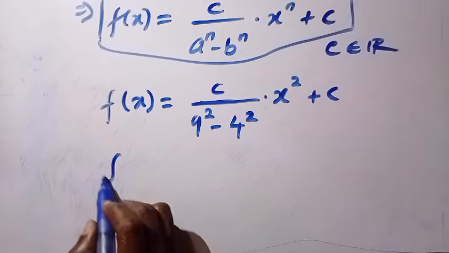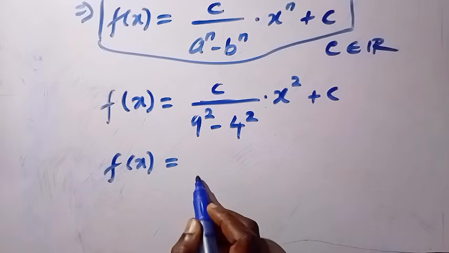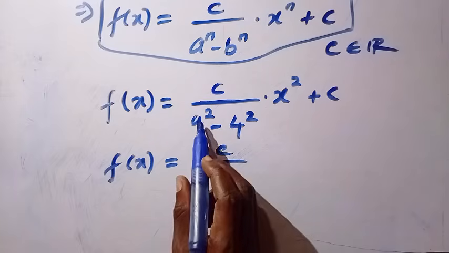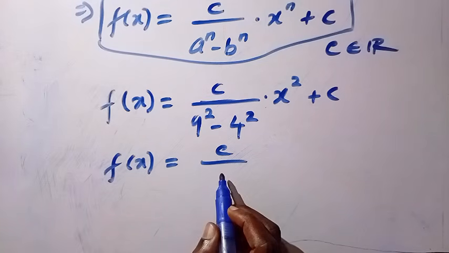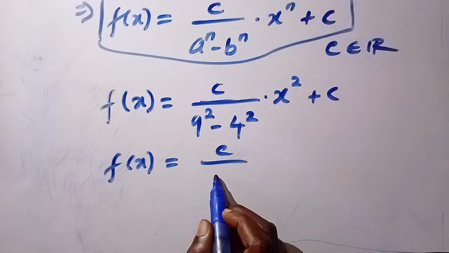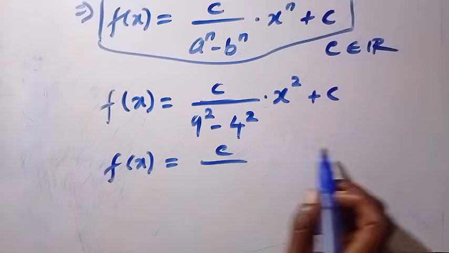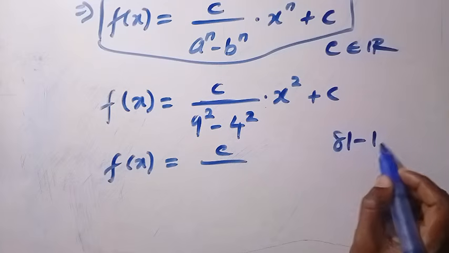Then we have f of x equals c divided by 9 raised to the power 2 minus 4 raised to the power 2. So this is giving us 9 squared, that is 81, minus 16.